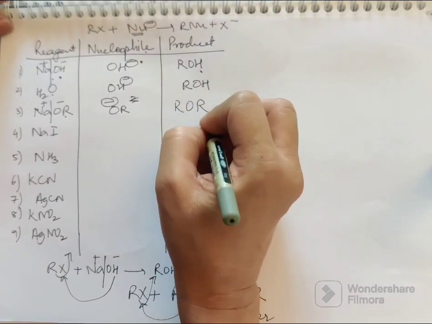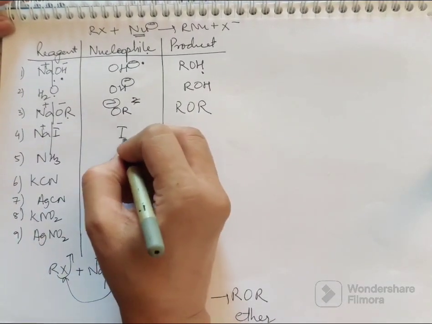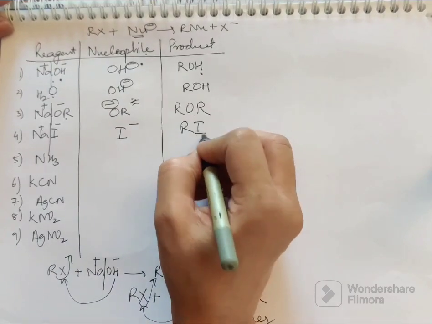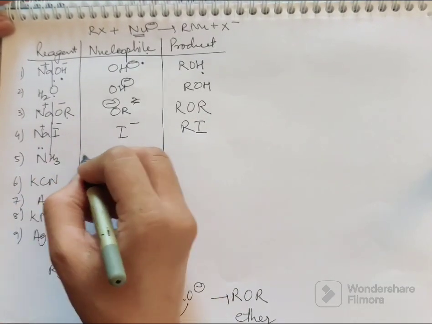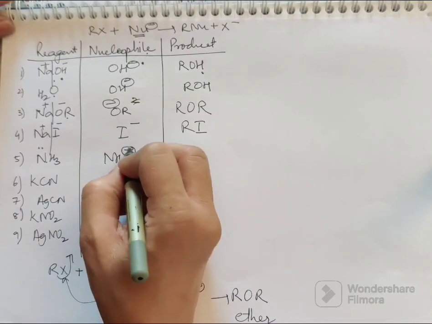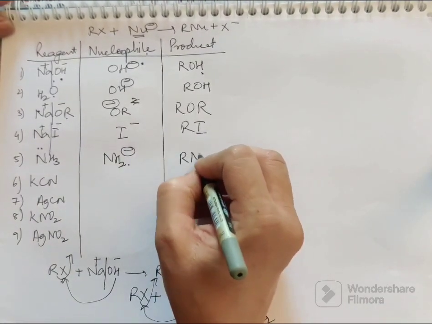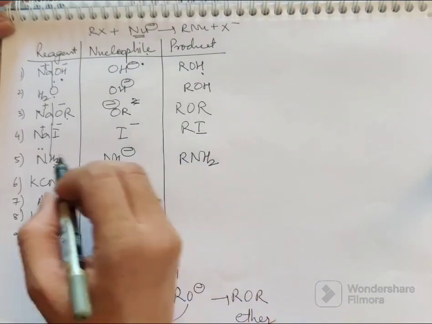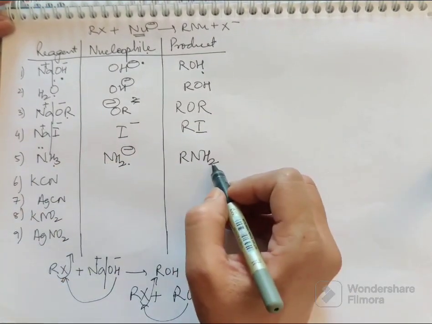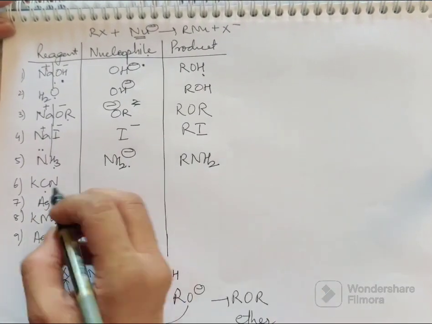We'll get ethers. NaI, Na plus, I minus. What do we get? Alkyl iodide. Ammonia attacks. It gives NH2 minus, and this attacks on alkyl halide. We get amines. If it is RNH2, we get secondary amine. R2NH, tertiary amine.